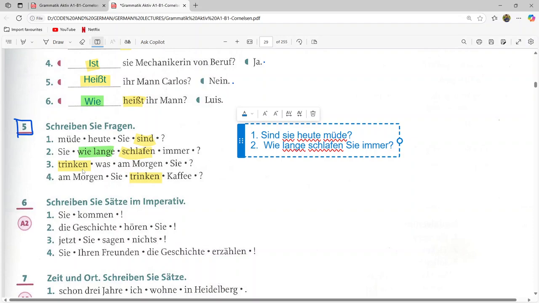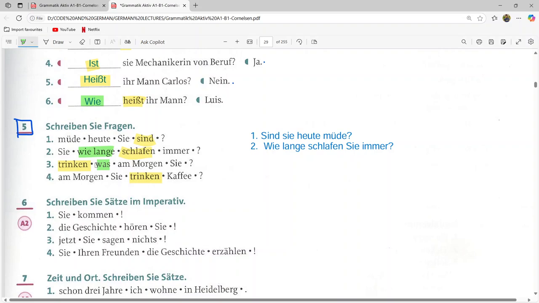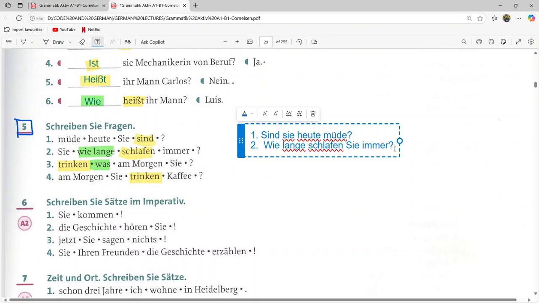Done. Next one, trinken Sie. Okay, no, there is also a catch. There is a W-Frage here. So how will we make the question? We will make the question at first with the W-Frage word. So was trinken Sie am Morgen?